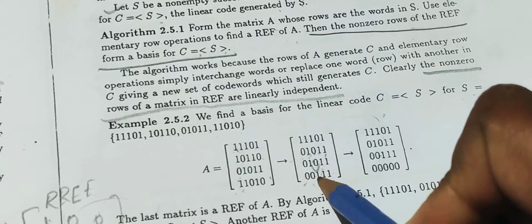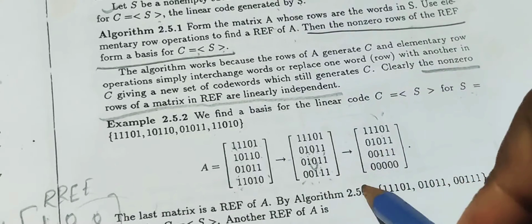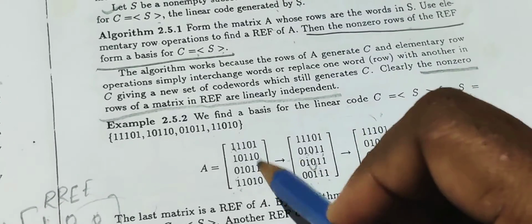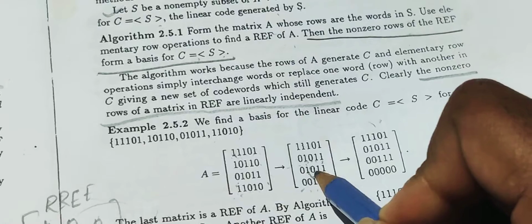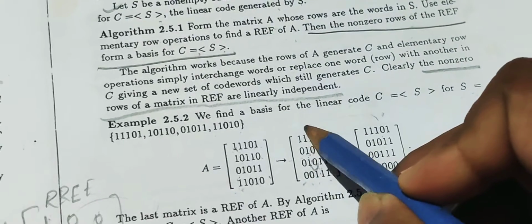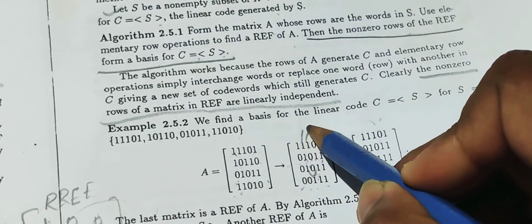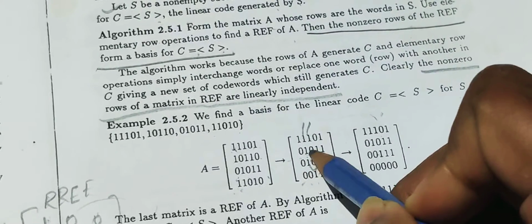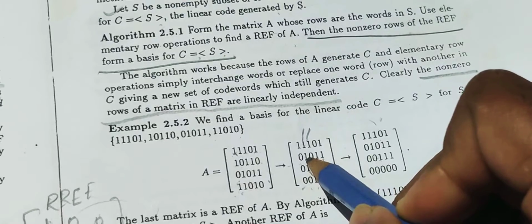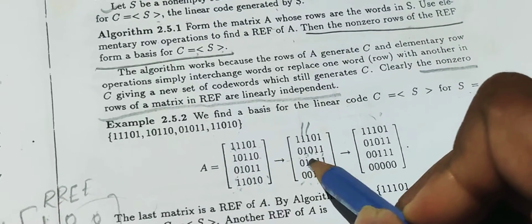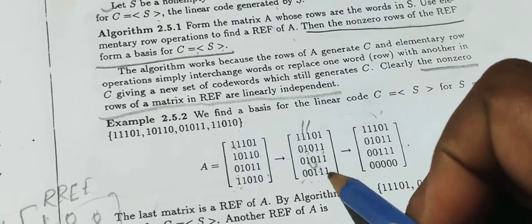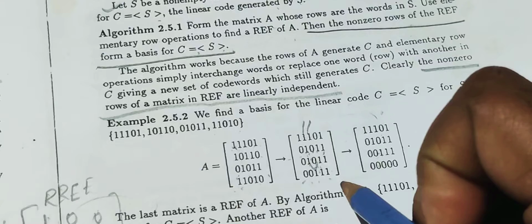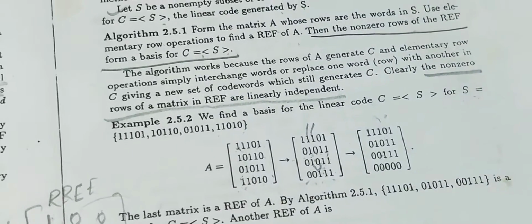So here we have not made it 0, it is 1. Here we are doing a change. I'm sorry, this converts into this matrix, and column 2 and column 3 are just interchanged.